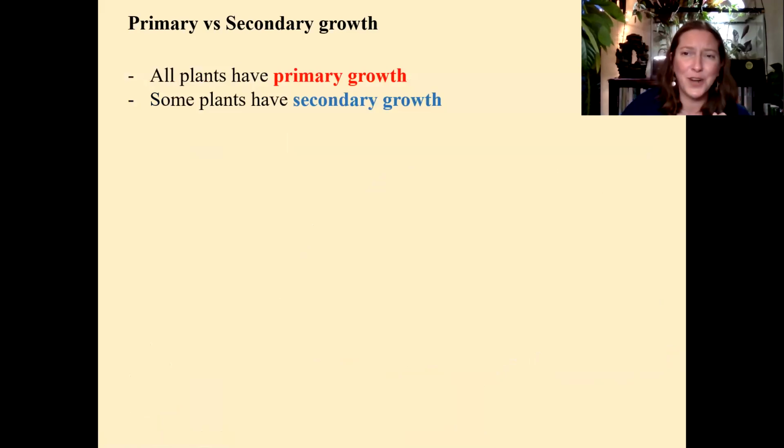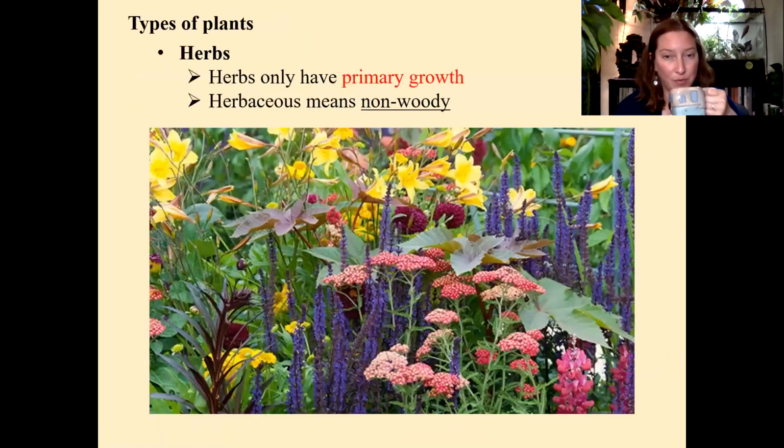So all plants have primary growth, only some plants have secondary growth. Well, who has what? Herbs are a type of plant, and herbs only have primary growth. The word herbaceous means non-woody, so it's always going to be soft and pliable.